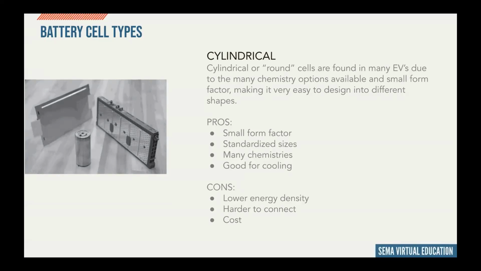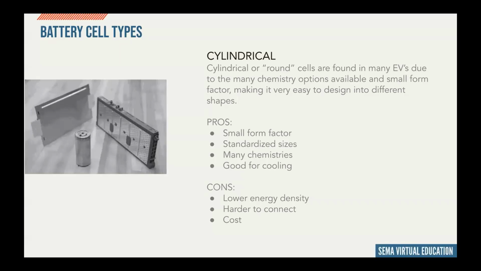On the pro side, that small form factor does allow creating all these very unique different shapes out of battery packs. So they don't have to be rectangular. The battery pack can be made into a large cylinder. They can be made into all these odd shapes to fit into many different spaces.